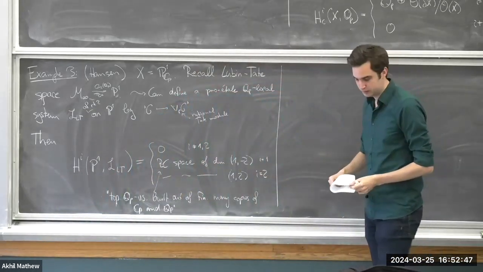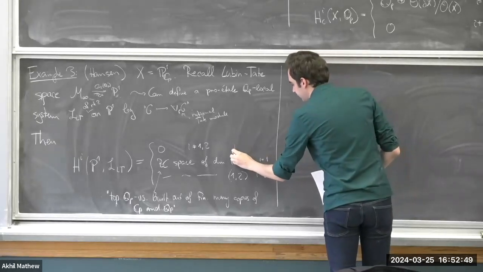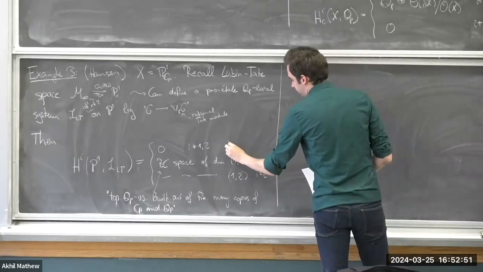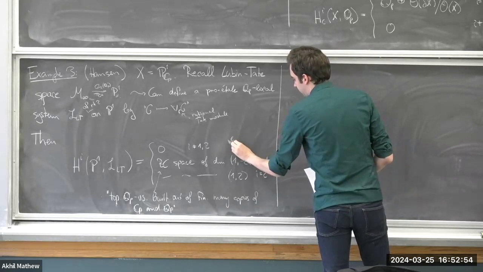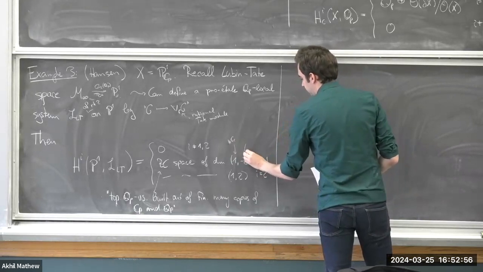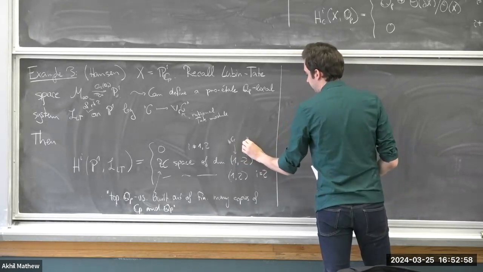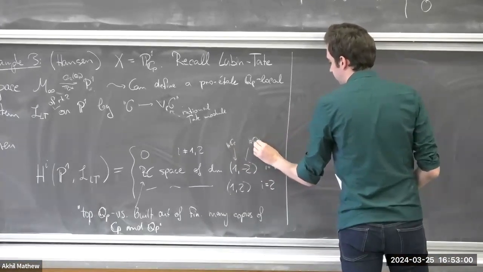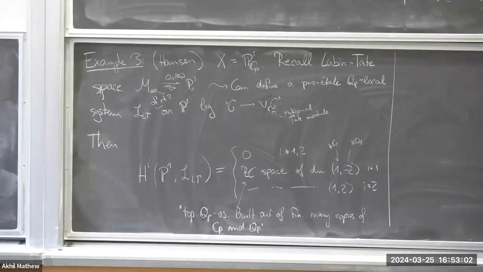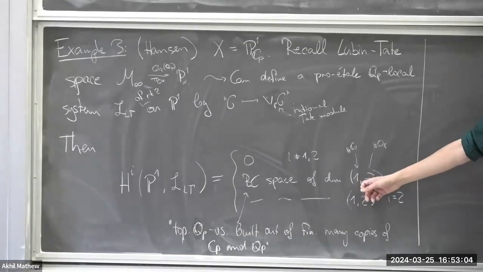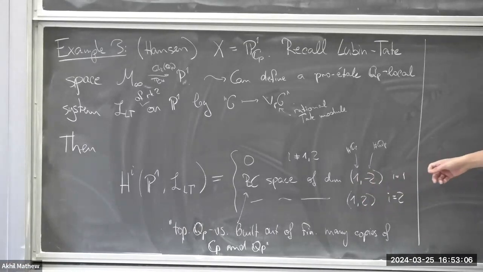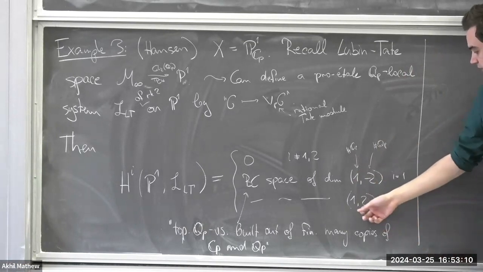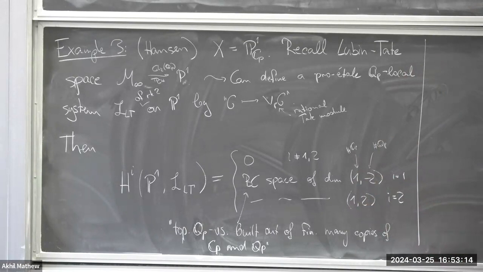The dimension: the first number is kind of the number of C_ps you use, and the second is the number of Q_ps you use. You should think of dimension (1, -2) as meaning that you have a C_p vector space and you mod out by two copies of Q_p. And here, additionally, you have a C_p vector space and you add two copies of Q_p.